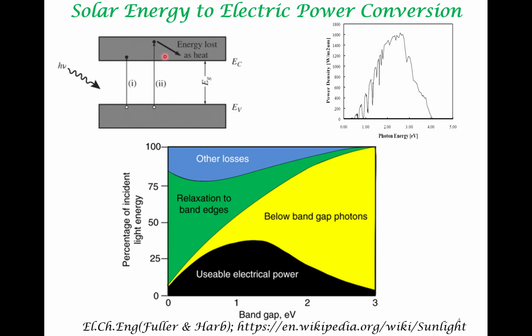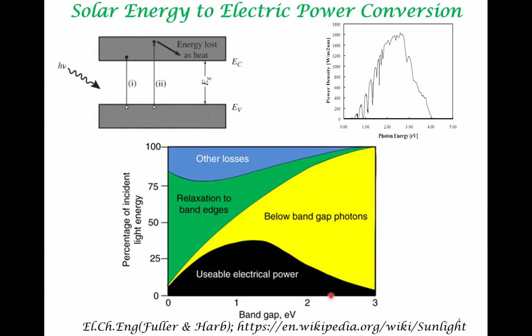Much of it is lost as heat, right? So if you have a very low band gap semiconductor, the percentage of energy that is lost while the electron relaxes to the conduction band edge is more.